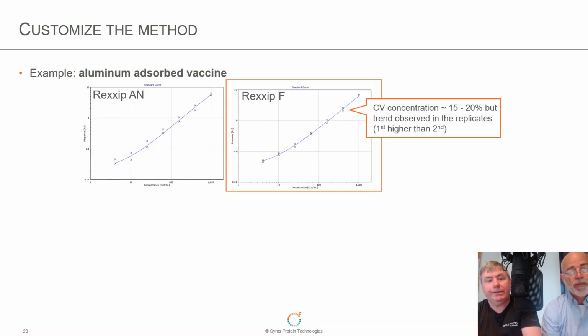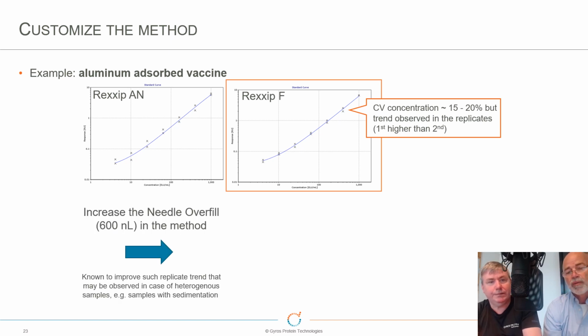So here's an example which really illustrates what we were talking about, where typically you see this replicate variability between replicate 1 and replicate 2, and you'd say, well, let's play around with the diluent, the buffer that we're diluting our samples with, and you can see that shifting from the Rexip AN to the Rexip F seems to help a little bit, but we're still seeing this trend in the wrong direction.